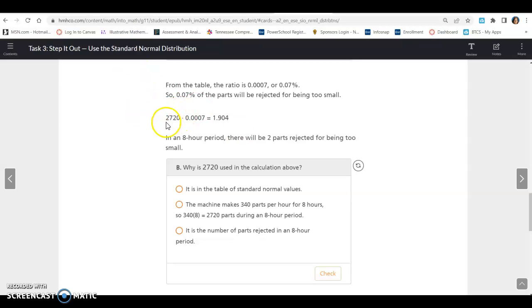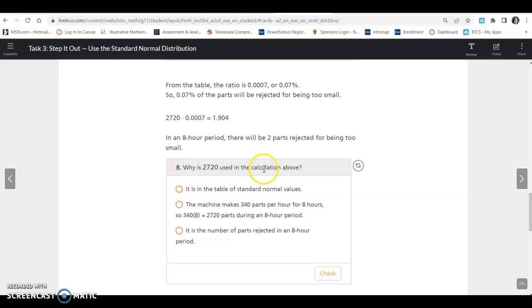So that's where that 2720 comes from. Multiply it by the ratio here, and that says 1.9. So if you round that up to a whole number, because you're talking about parts, you can't have 0.9 of a part. So you're going to have about 2 parts rejected in that 1 day period. So in an 8-hour period, there will be 2 parts rejected for being too small.